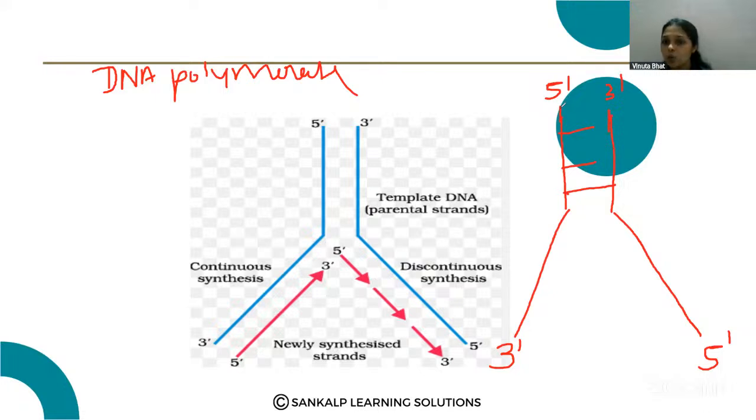So here one strand of the parental DNA acts as the template strand, and another strand of the parental DNA also acts as a template strand, and for that template strand the complementary nucleotides are added. ಇಲ್ಲಿ ನೋಡಿ, ಈ ಒಂದು ಸ್ಟ್ಯಾಂಡ್ ಅಲ್ಲಿ ನ್ಯೂಕ್ಲಿಯೋಟೈಡ್ಸ್ ಇದೆ ಅಲ್ವಾ. ಈಗ ಇಲ್ಲಿ ಅಡಿನೈನ್ ಇದೆ, ಥೈಮಿನ್ ಇದೆ, ಓಕೆ ATCG ಈ ತರ ನ್ಯೂಕ್ಲಿಯೋಟೈಡ್ಸ್ ಇದೆ.